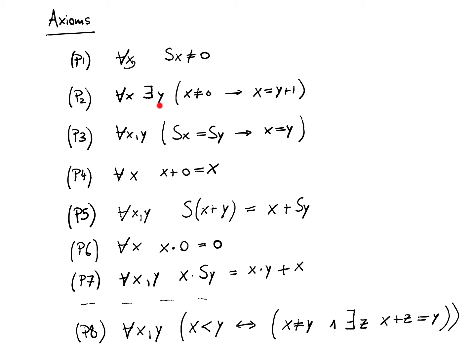For every x, every y, if x is not 0, then it has a predecessor. And of course here you see I already slipped back into the old notation, so this should of course be s of y. And then the next one: if two successors are the same, then the numbers are the same.